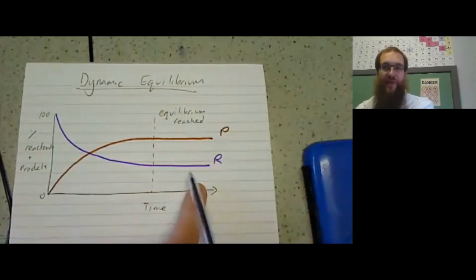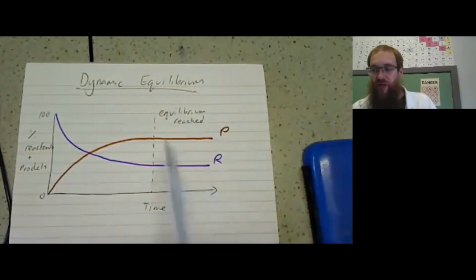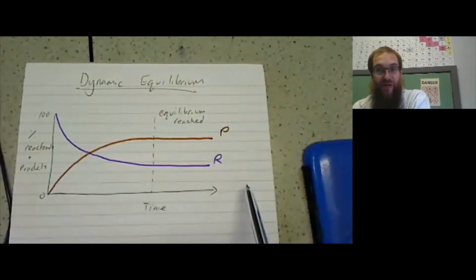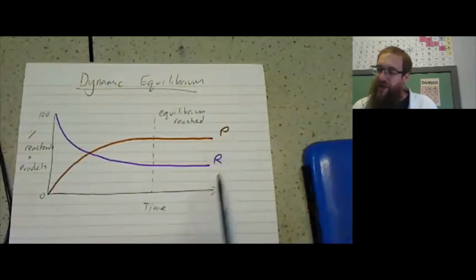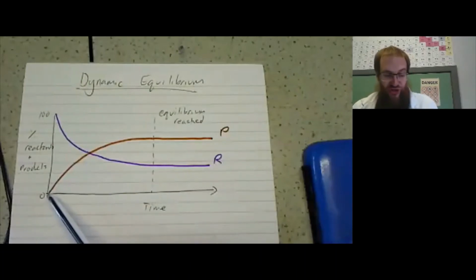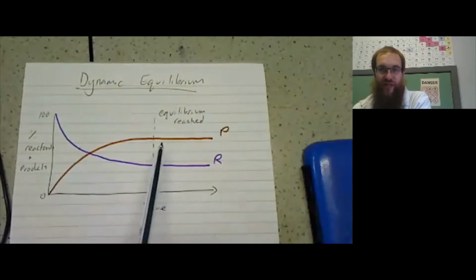Now, if it's constantly being removed, as in an open system, it would appear like it was a completely irreversible reaction. But in a closed system where things can't get in, can't get out, it will reach this equilibrium point.